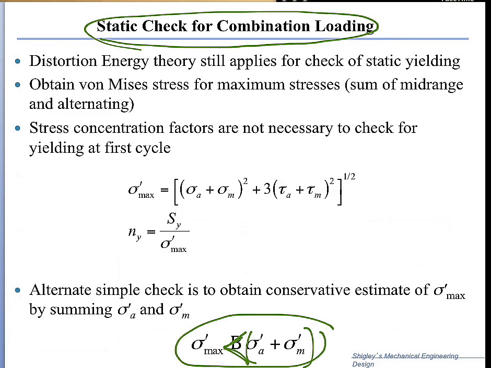But the more rigorous way is that we have to find the maximum stress from the von Mises equivalent maximum stress, which would be the alternating plus the mean, both the axial component or the bending component in this case, and the shear components, as you'll see here.